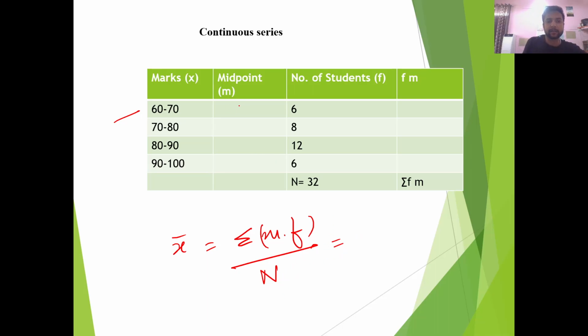Here the midpoints come out to be 65, 75, 85, and 95, and we multiply these with the frequencies, so it will come out to be 13,390 and so on. That's how we find this.